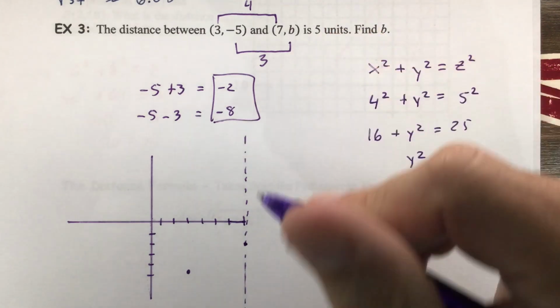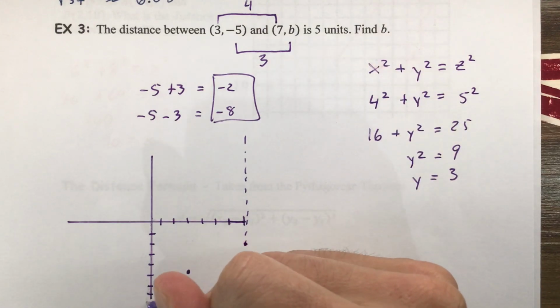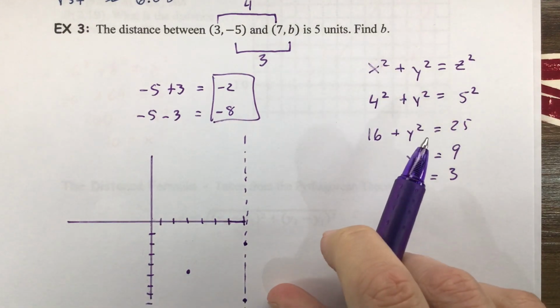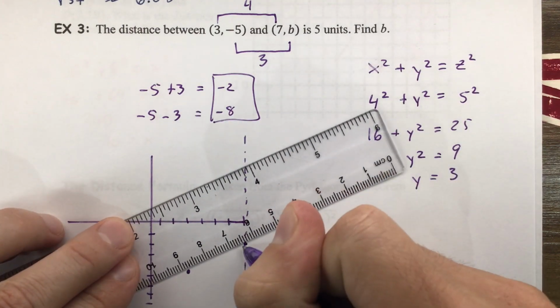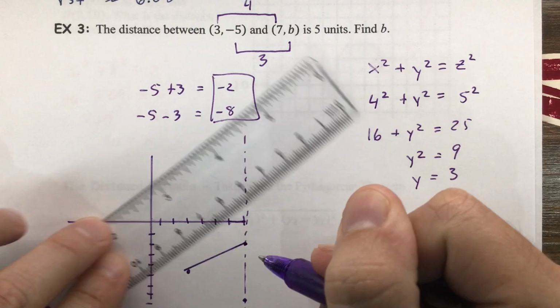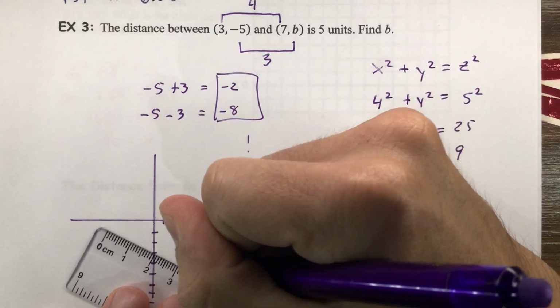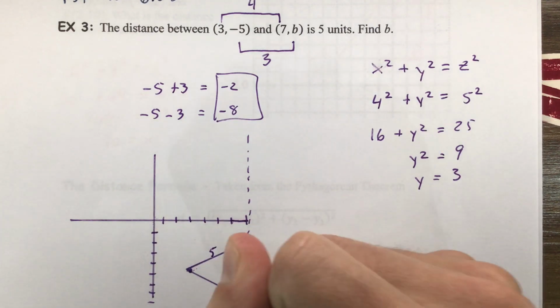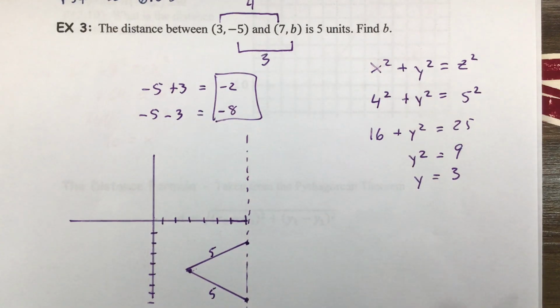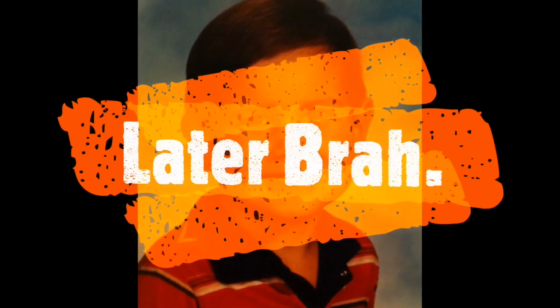The other answer is at -8, which is here. And this is what our picture looks like. Because we don't know what B is, when we start from that point, we can either go over 4 and up 3, or we can go over 4 and down 3 to the point. But both of these will give us a length of 5.